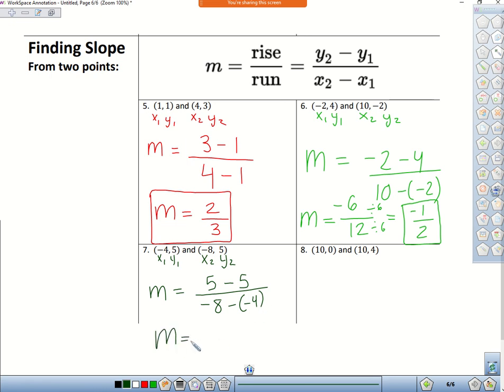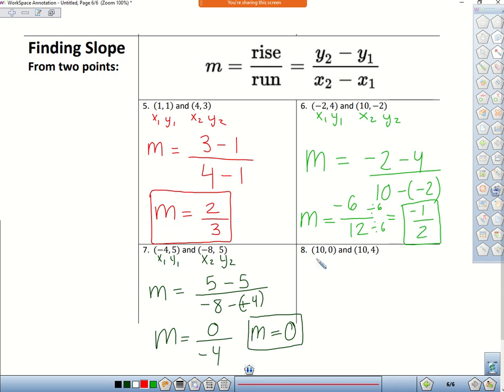That gives me m equals 0 over, this becomes addition. So that's going to be negative 8 plus 4, which is negative 4. But regardless, if the numerator is 0, what's 0 divided by anything? 0. So in this case, our slope is 0. So that just means it's a line that goes straight across. Yeah, a horizontal line, exactly.